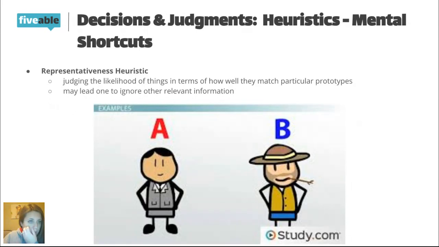That's what I'm thinking of right now. So that's kind of like figure A there. We'll say A is our professor prototype. And then figure B might be our truck driver prototype. Maybe we picture our truck driver wearing a cutoff flannel shirt, wearing a hat, maybe smoking a cigarette, maybe having tattoos, things like that. That might be your prototype of what a truck driver looks like.